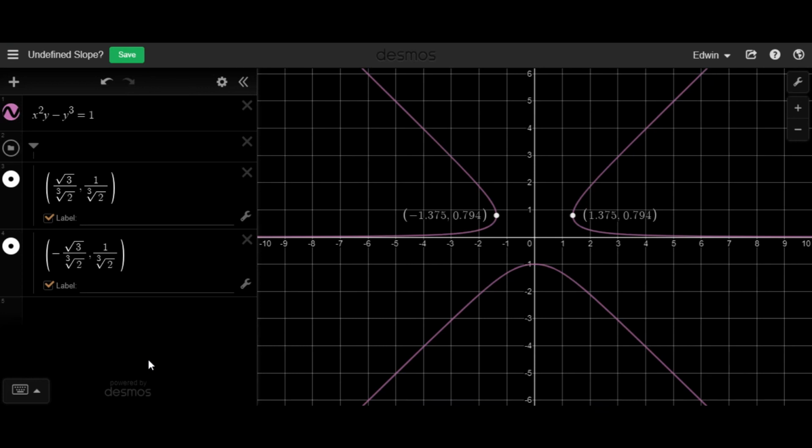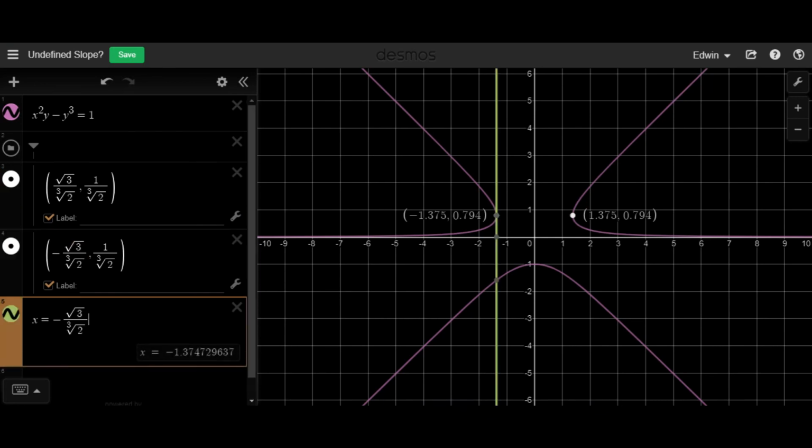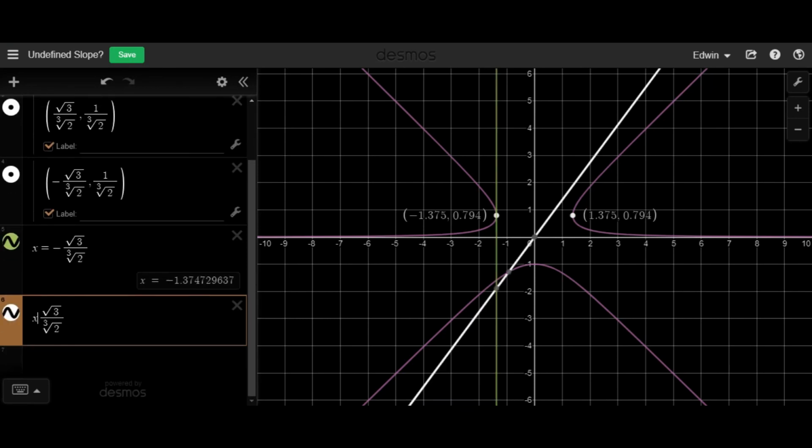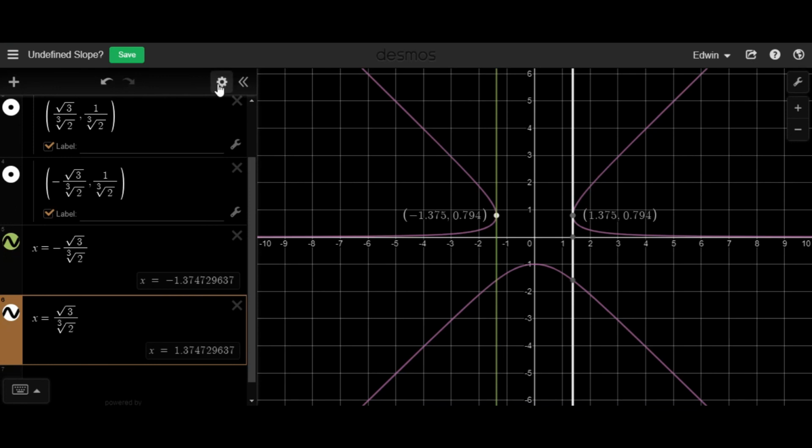And lastly, let's just plot those vertical tangents so you can make sure you're clear with what we found. So if I say x equals, I'll just go up here and do a copy and paste. Take that one first. There's a vertical line, and our second vertical line will be that positive value. And I guess we can clean up the colors here.